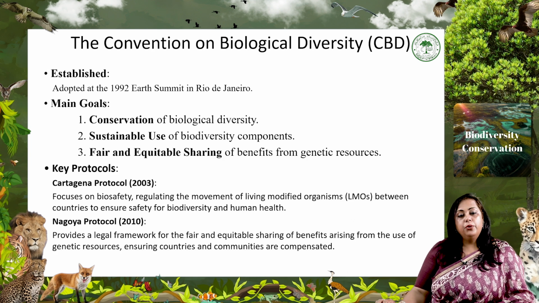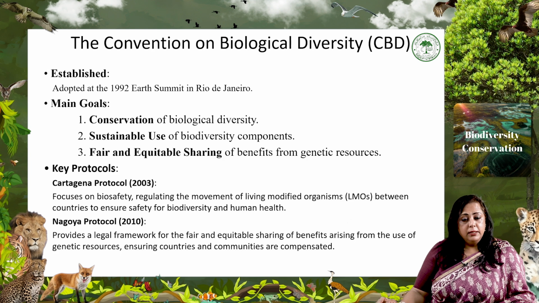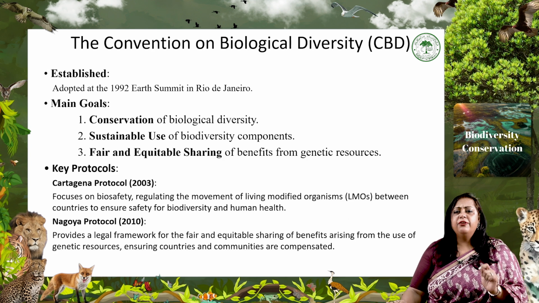And one more protocol is very important. There are many COPs, Conferences of the Parties, but the Nagoya Protocol in 2010 took place in Nagoya, and this provides a legal framework for fair and equitable sharing of benefits arising from the use of genetic resources, ensuring countries and communities are compensated. This is what we discussed. The third objective, fair and equitable sharing. So, this provides a legal framework.